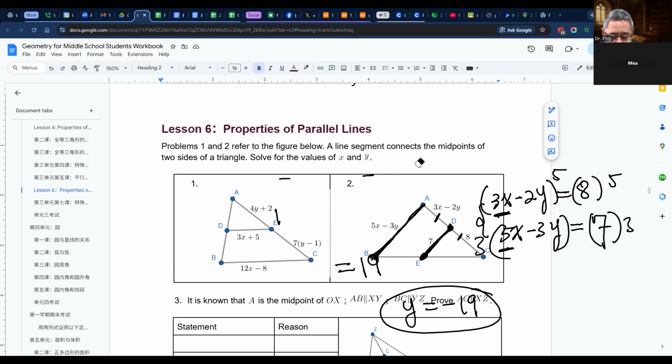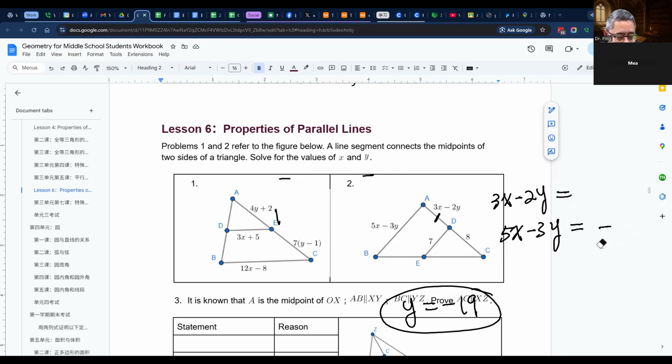Then we're going to find x. To find x, we can plug in; it doesn't matter which one. Normally I just pick the easier one. The top one has 3x, the bottom one 5x, so I'm going to take the top one. That means 3x minus 2 times negative 19 equal to 8.